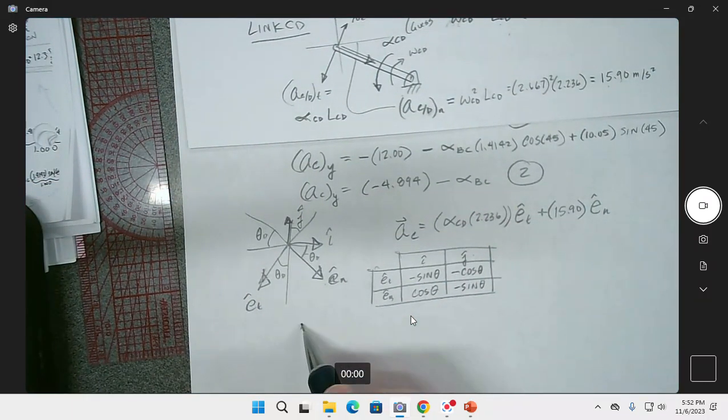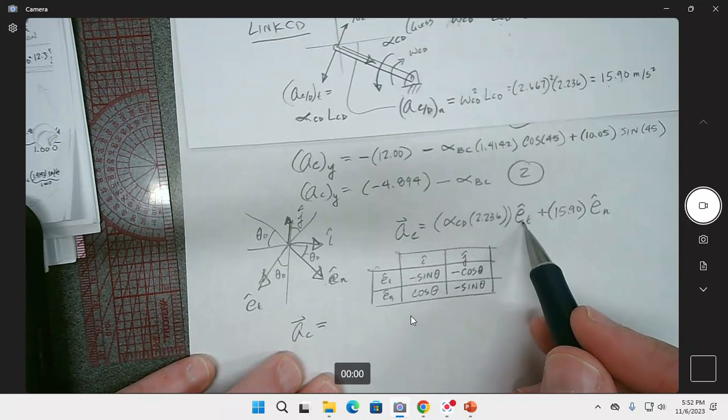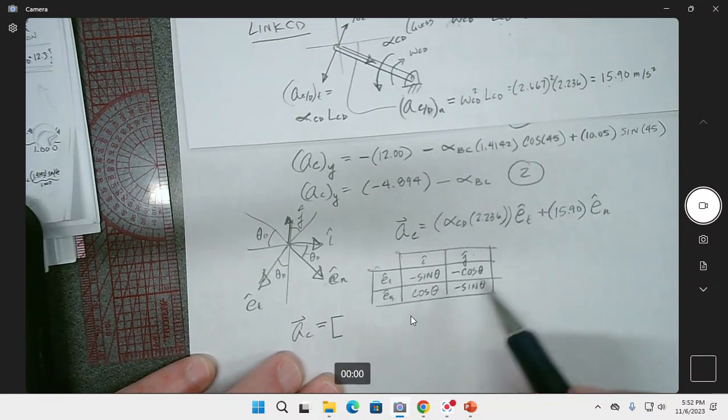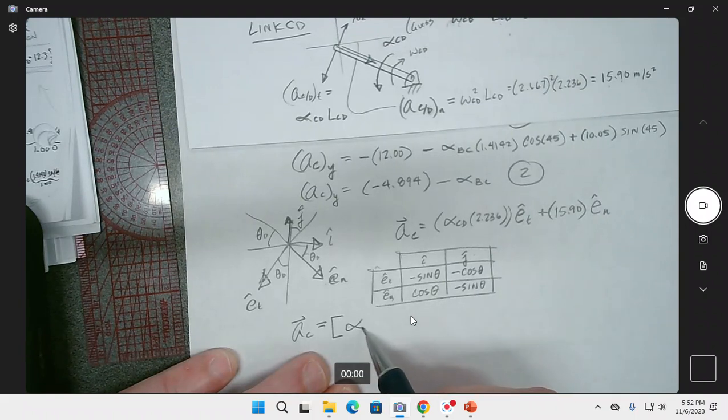So AC is going to be equal to, we'll go the tangential first. I guess we could do the mixed first. We'll go for the i. Yeah, it'll work out.